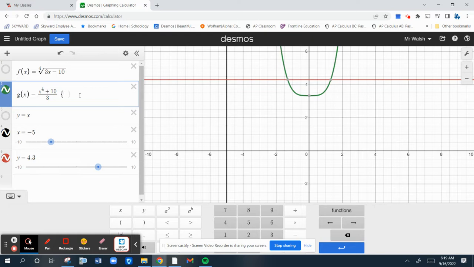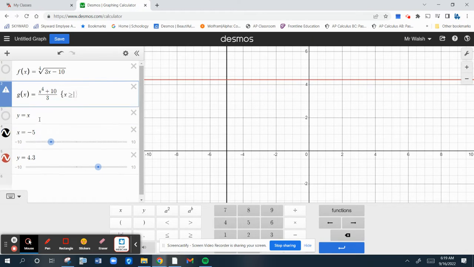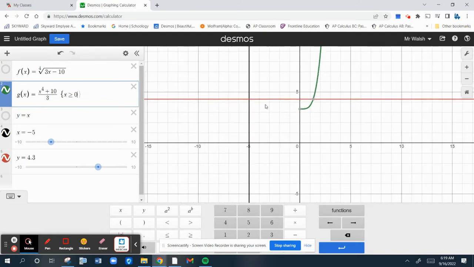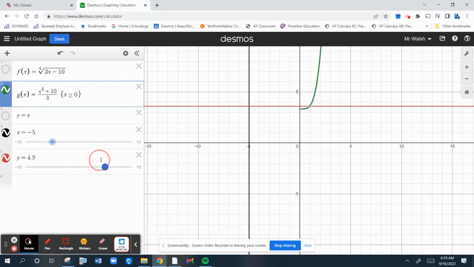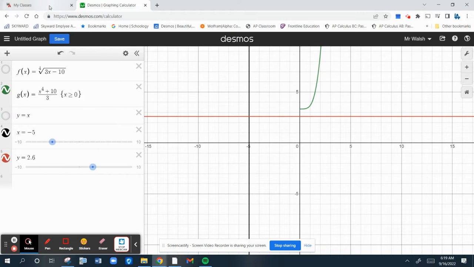I'm going to say x is greater than or equal to 0. So now look what the graph looks like. It cut it in half because it restricted this domain here. So now when you run the horizontal line test, it does have an inverse. So that's graphically how you tell if functions have inverses or not.